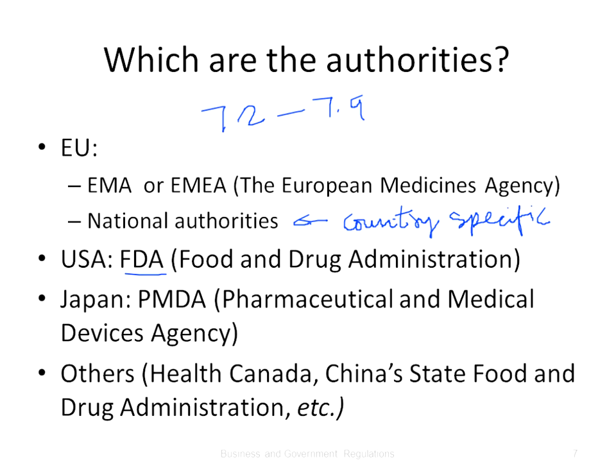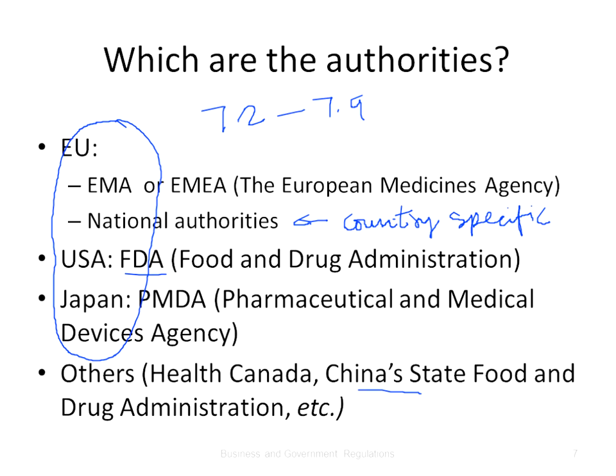For example, India's Central Drug Standard Control Organization, and Australia's Therapeutic Goods Administration, and in Mexico it's the Ministry of Health, etc. So there's a lot of detail in the book. We are mostly concerned with Europe, US, and Japan because most of the biggest market is in these places right now. Of course, in China and India now the markets are growing very fast.